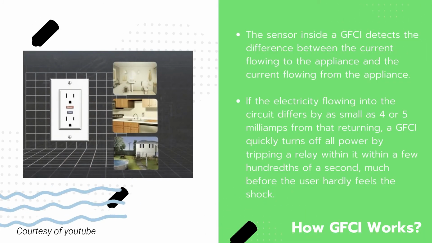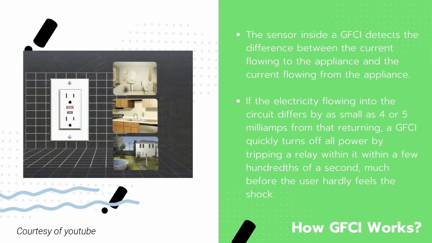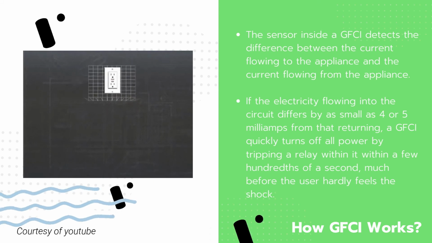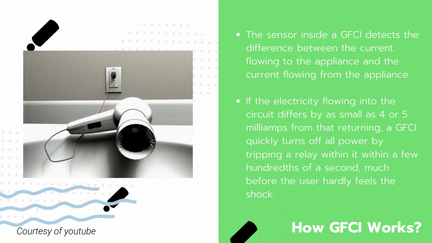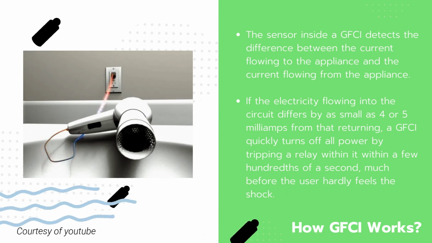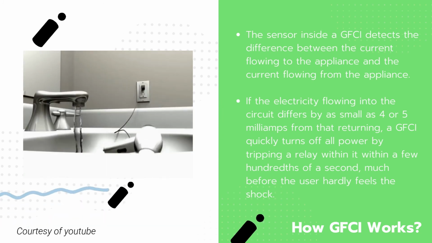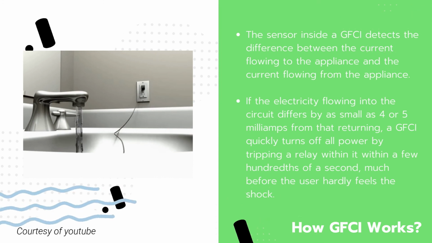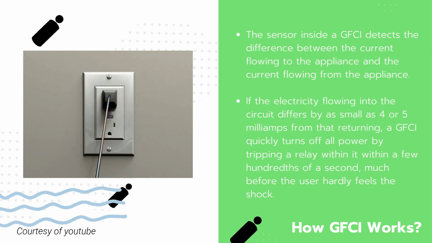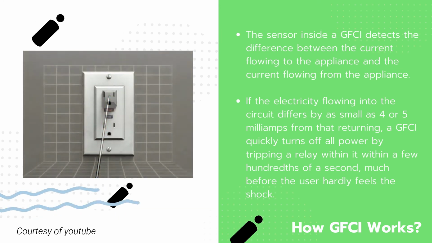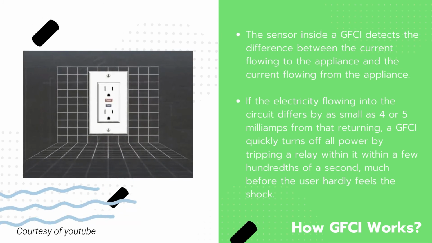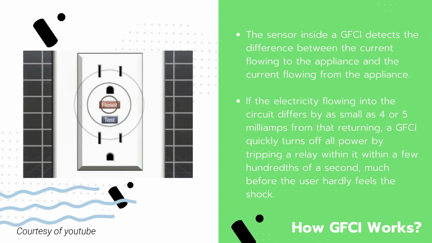The sensor inside a GFCI detects the difference between the current flowing to the appliance and the current flowing from the appliance. If the electricity flowing into the circuit differs by as small as 4 or 5 milliamps from the returning, a GFCI quickly turns off all the power by tripping a relay within it within a few hundredths of a second, much before the user hardly feels the shock.